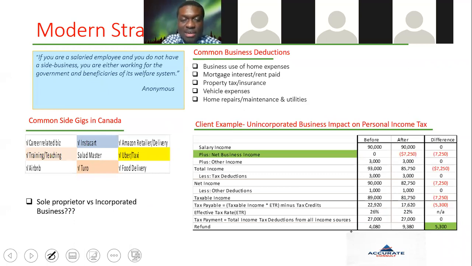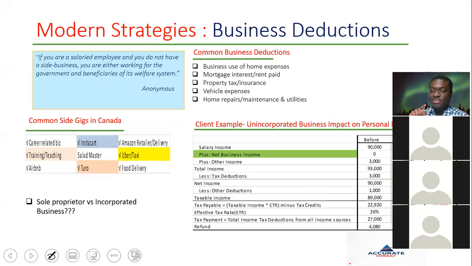Another key message here is that if you are attending this session and you only have a salaried income, you are only working for the Canadian government, and the numbers and data can prove that. If you have only salaried income, and you don't have a sole proprietor business or an incorporated business, it's like you are just working for the government, because your taxable income will be high.